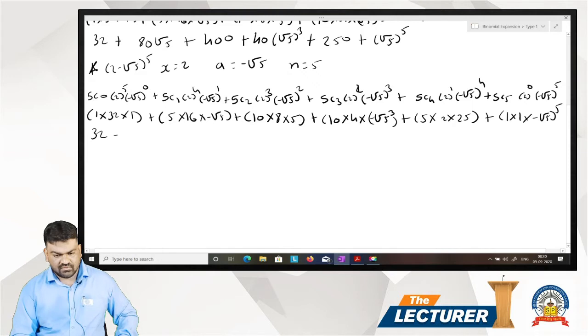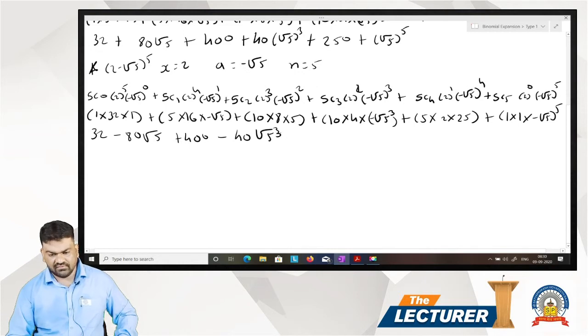32 minus 80 root 5 plus 400 minus 40 under root 5 raised to 3 plus 250 minus under root 5 raised to 5.